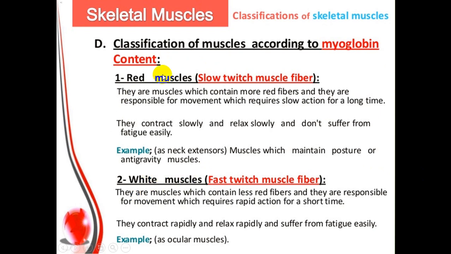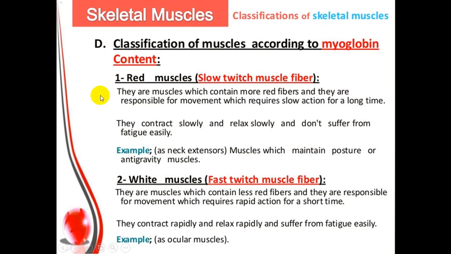But in humans, as these two types of muscle fibers are mixed up in different proportions, we classify the human skeletal muscle according to the concentration of red and white skeletal muscle cells. The muscles which have more red fibers than the white fibers are known as red skeletal muscles, and those which have more white fibers as compared to red are known as the white skeletal muscles.